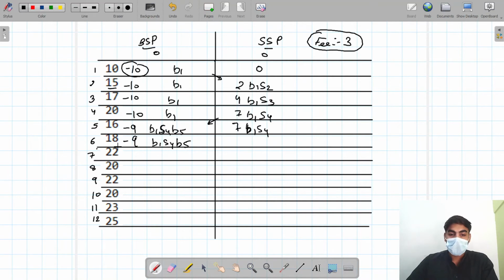Okay, so we have to sell today. If we are selling today, today's price is 18, we have a loan of 9 rupee. 18 minus 9, 9, 9 minus 3, because we have to pay after one transaction, 6. Which one is greater, 6 or 7? 7 is greater. I am taking it as it is. Now come to that point. We have two options.